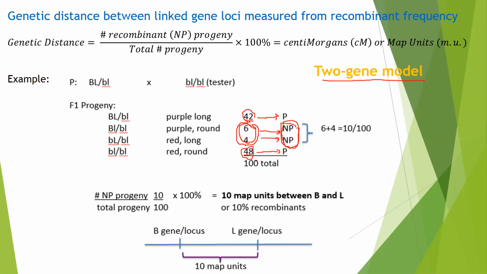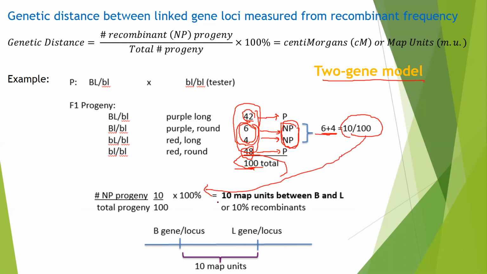So the total number is 100. So we generated this many progeny. Total number is 100, and out of this 100, we have this many non-parental type recombinant. And we simply calculate the ratio of this, and this gives you 10%.